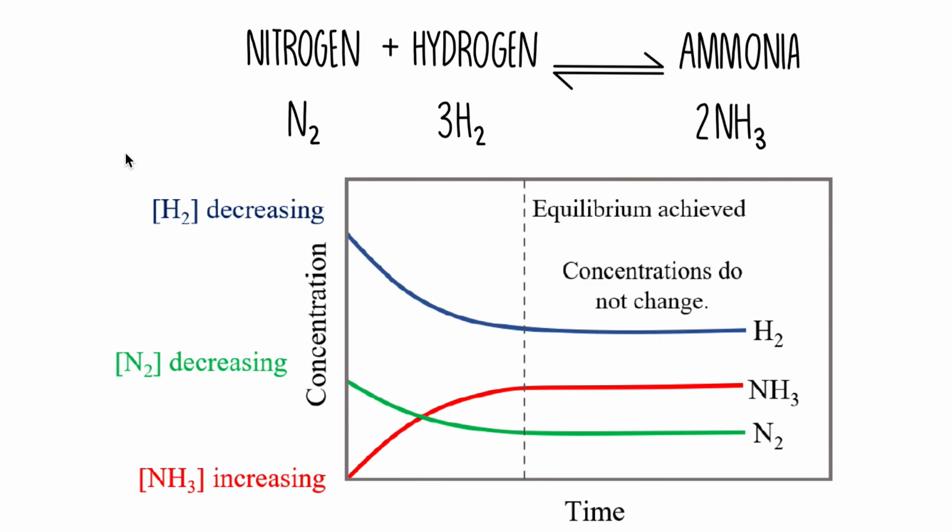And this is a graph for a reversible reaction between nitrogen and hydrogen to make ammonia. You can see we might start off with a lot more of the reactants and very few products, in fact 0 if we just put hydrogen and nitrogen together. And as that reaction starts, we'd expect, whether it's reversible or not, that the amount of nitrogen and hydrogen decreases and the amount of ammonia increases.